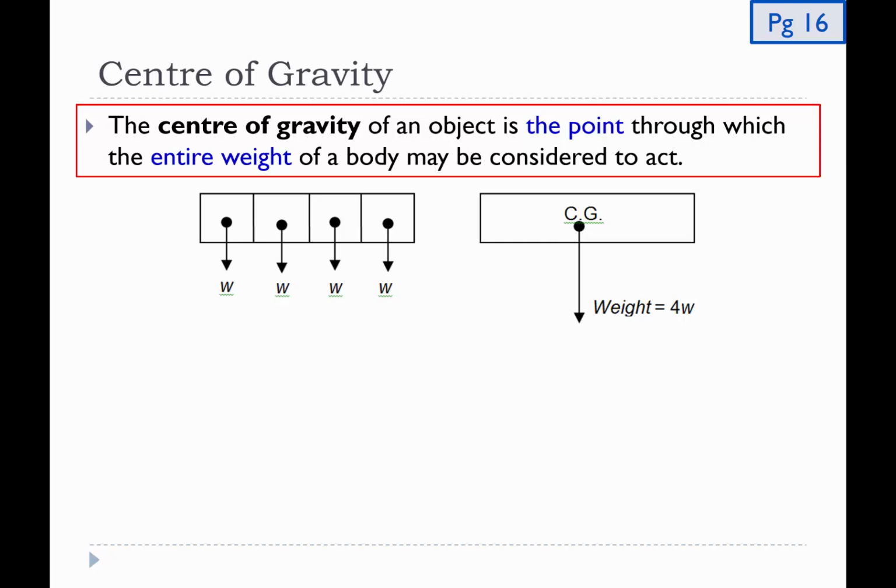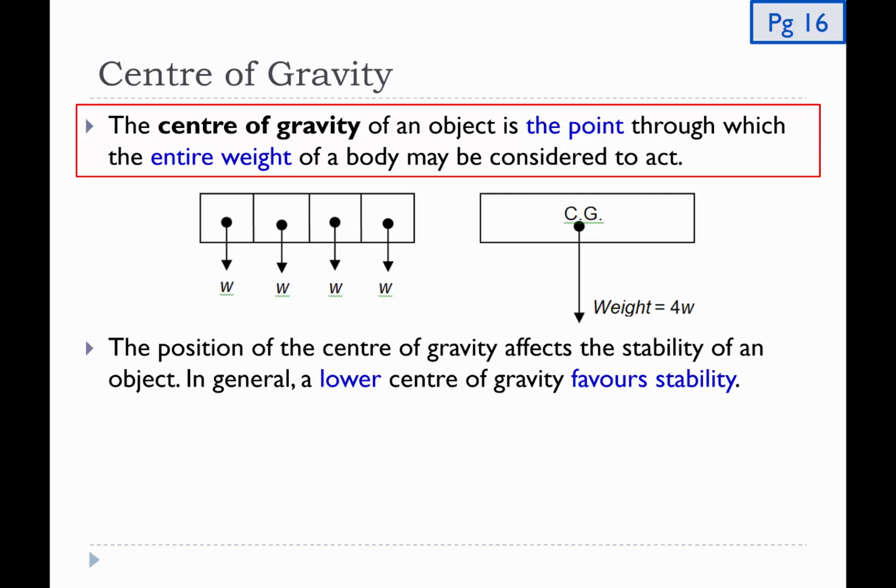Every single segment, or even the molecules themselves, will have their own weight, their own mass, their own Cg. But when I look at it as a whole system, the whole block, the whole system of molecules and segments, I can also say that the weight of 4W acts at the Cg, the point through which the entire weight of the object may be considered to act.